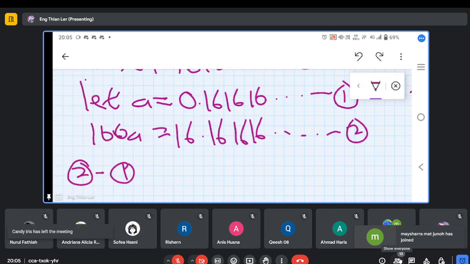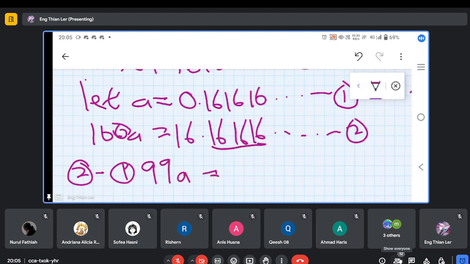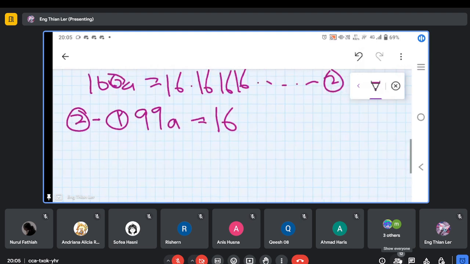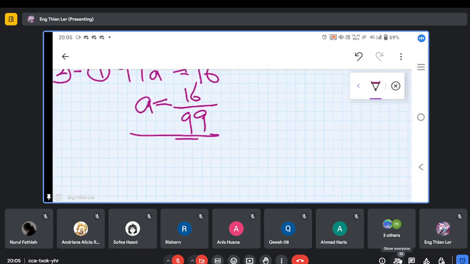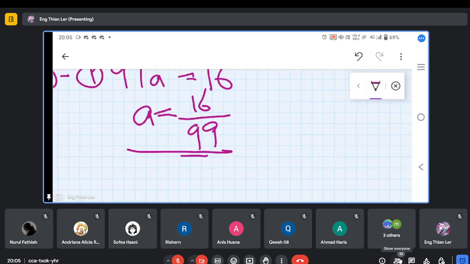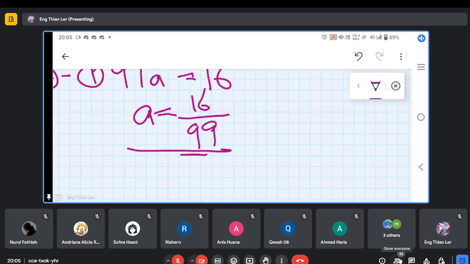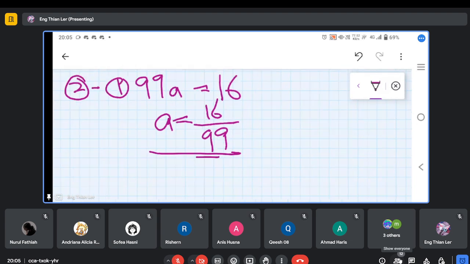Looking at the left side, 100a minus a, we get 99a. And this minus this, we just get 16. So we get a equal to 16 over 99. Clearly, this cannot be simplified, so this will be the simplest form.